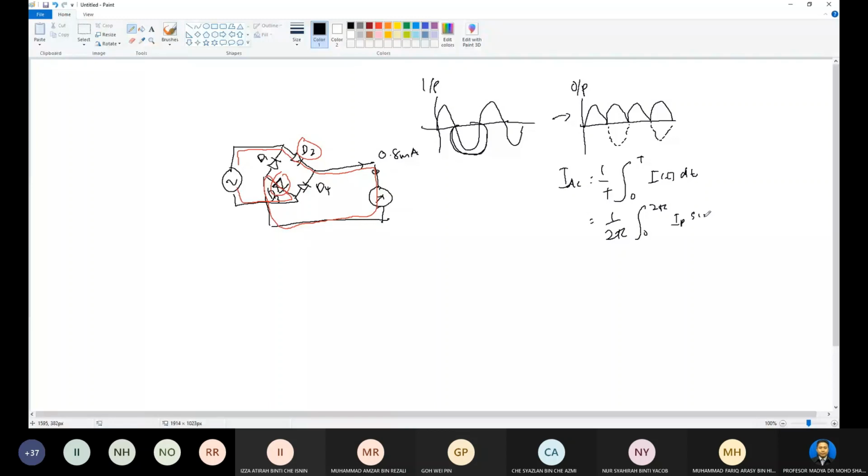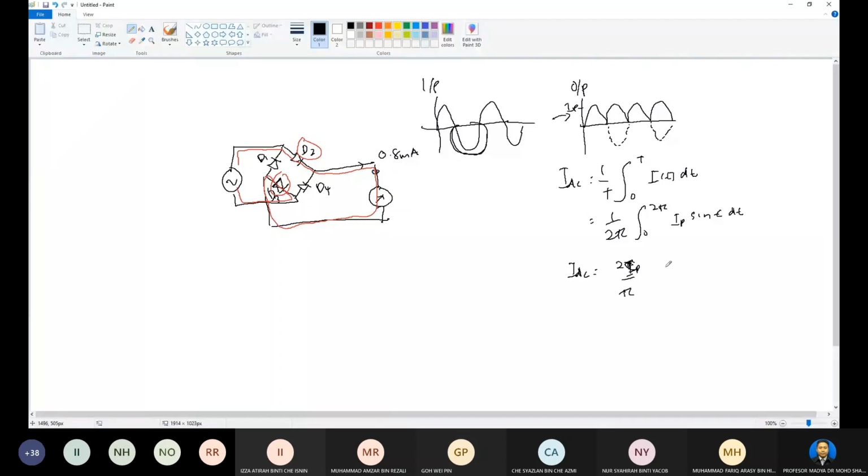So this is IP. From this derivation, I just skip the derivation, and at the end, IDC equals 2 IP over pi.